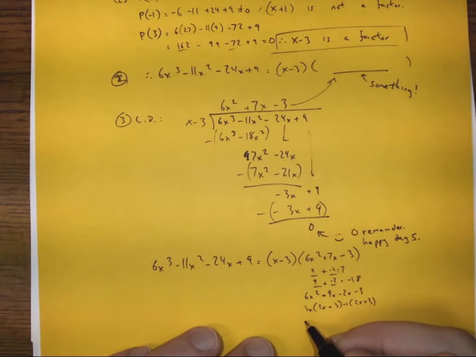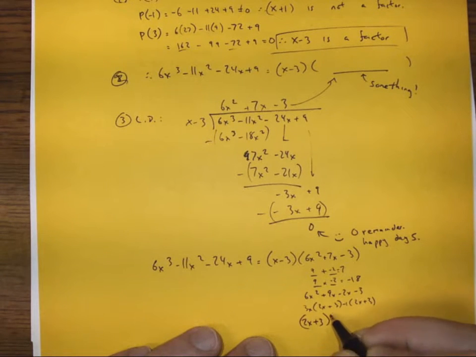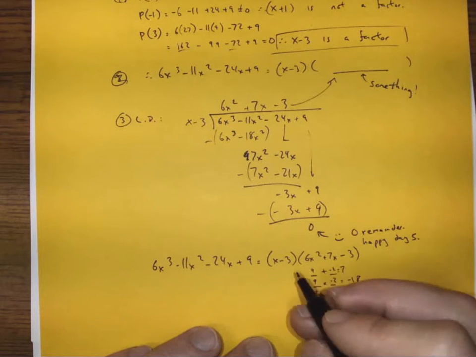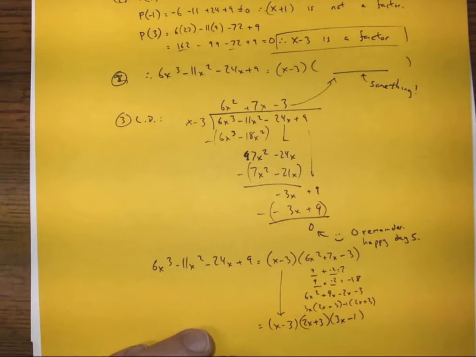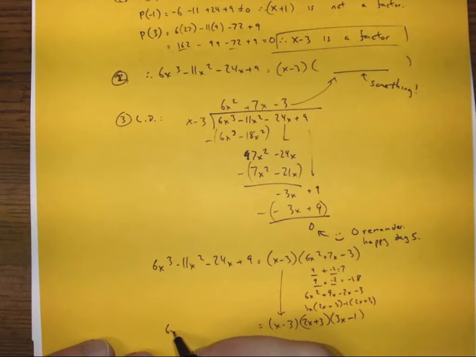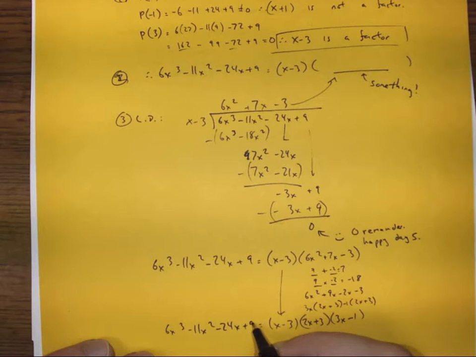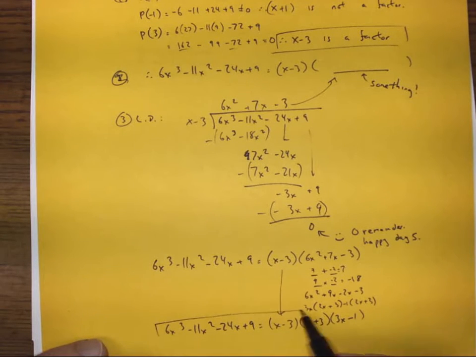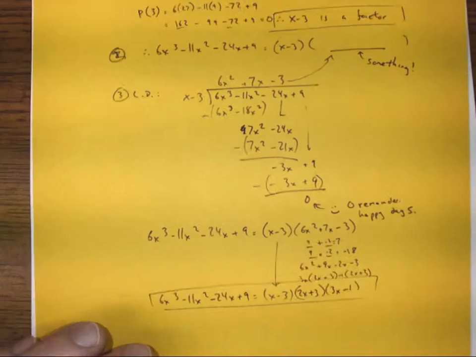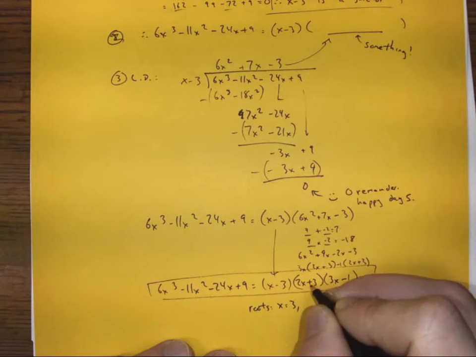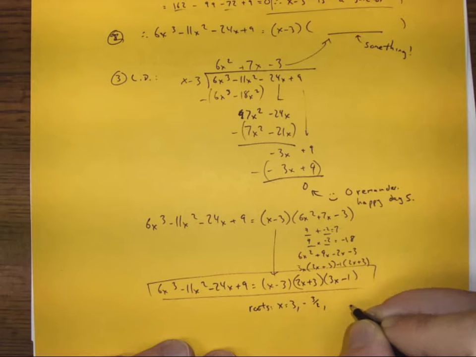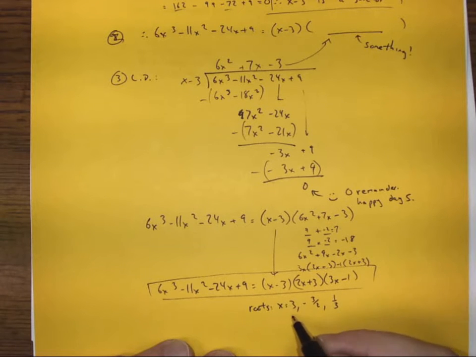That gives me 2x plus 3, 3x minus 1, and x minus 3, all equal to 6x cubed minus 11x squared minus 24x plus 9. So the roots are x equals 3, negative 3/2, and 1/3.